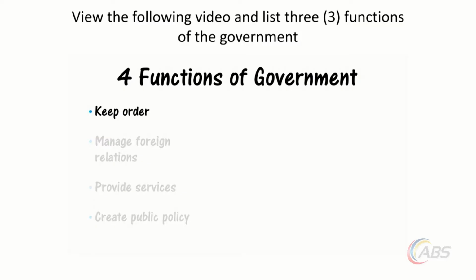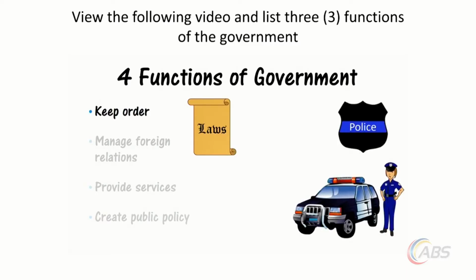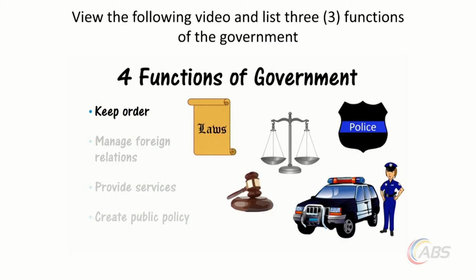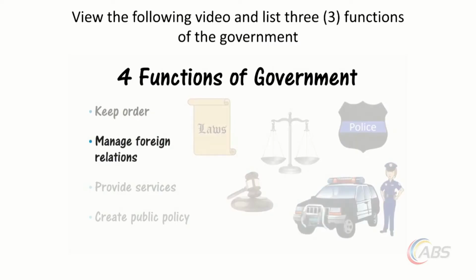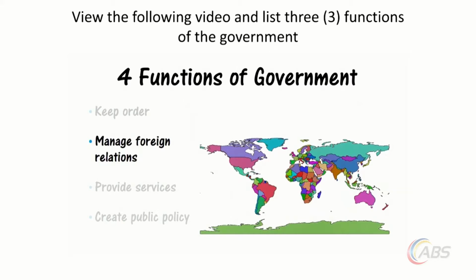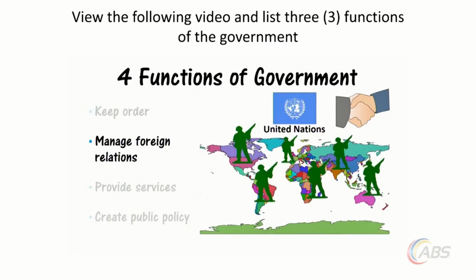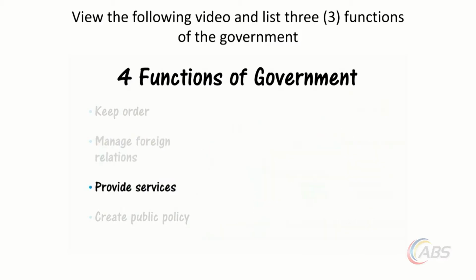First, government keeps order. This means passing laws to keep people safe, having a police force to deter and investigate crimes, and managing courts to administer justice. Second, government manages foreign relations. This means making international agreements, handling diplomatic situations to reduce conflicts with other countries, and having a military force to provide security. Third, government provides services.